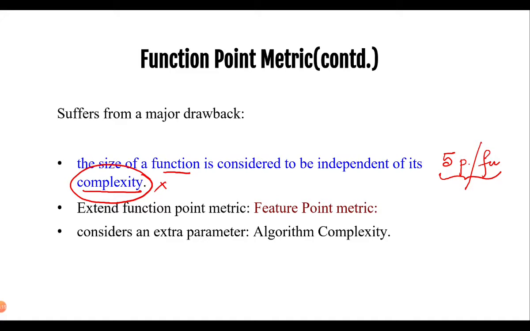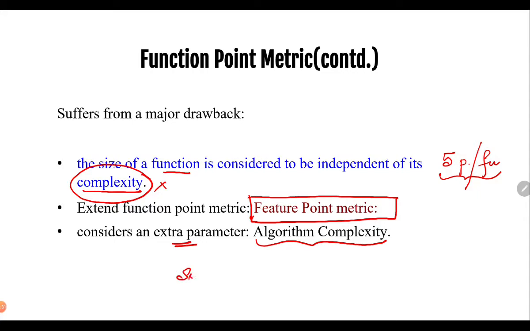For that, we have another concept which is known as the feature point metric. Feature point metric will consider another extra parameter which is known as algorithmic complexity. So now your size becomes lines of code converted to kilo lines of code plus the function point metric as well as the feature point metric.